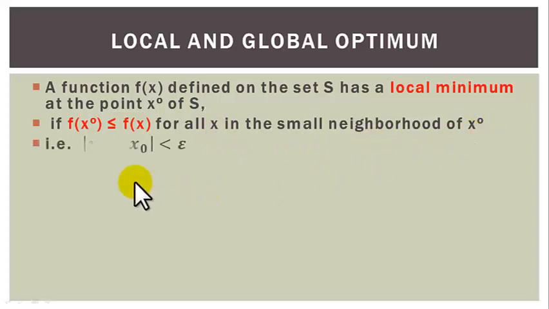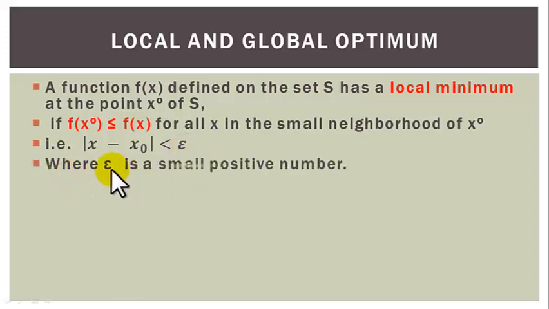That is, for all x such that the absolute distance of x from x0 is less than epsilon, where epsilon is a small positive number.